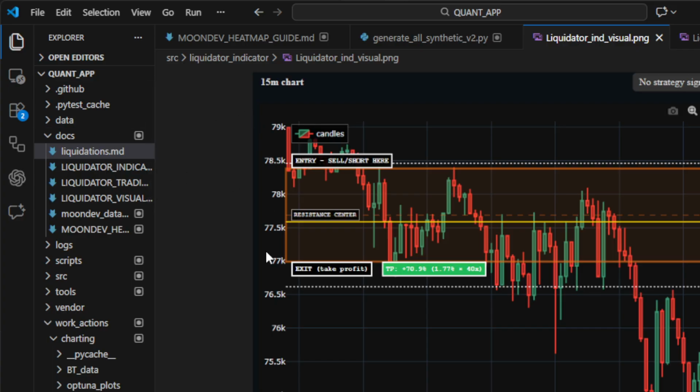It's just quite a box with an entry point and an exit point, which is calculated on the volatility and the liquidations at that moment. It's the package at work. I just visualized it with some code, to see what I like to see when I look at my indicator.